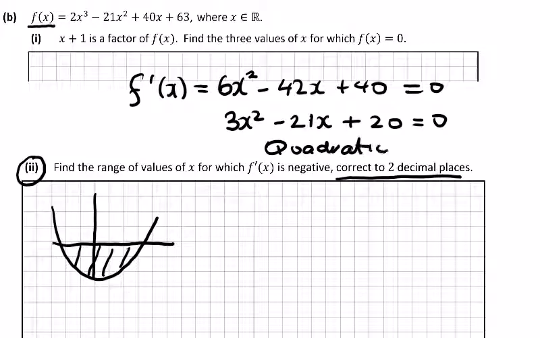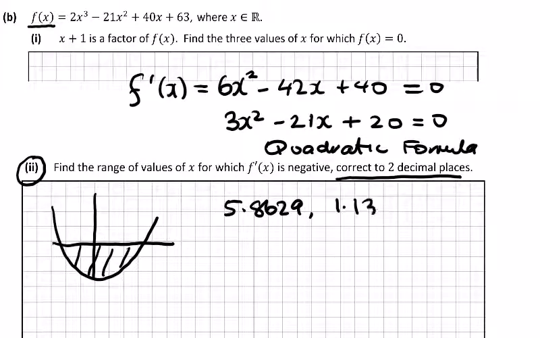Stick it into your calculator, check it twice. What am I getting? I'm getting 5.8629 and 1.137, and then rounding to 2, I'm going to get 5.86 and 1.14.